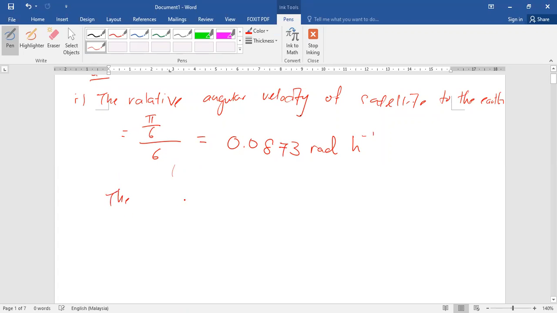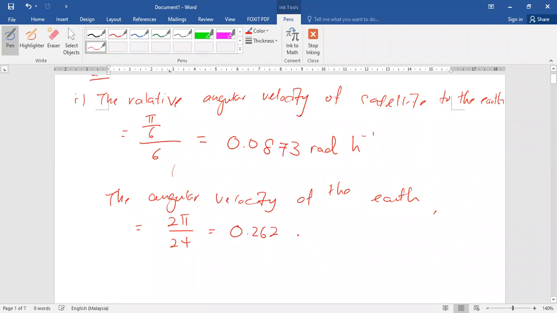And the angular velocity of the Earth: one revolution is equal to 2 pi, and one revolution uses how many hours? It uses 24 hours. So the Earth rotates with an angular speed of 0.262 radian per hour.